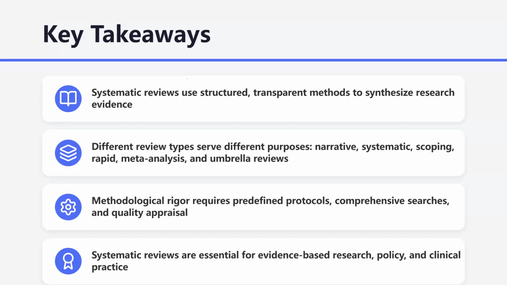Because if you merge all these papers and understand the content, you'll be able to structure a policy that is very well informed from different authors, rather than relying on one paper and then deducing that perhaps we are going to implement this, we are going to pass this law. So systematic reviews help you summarize this whole evidence into one paper that you can rely on to inform policy or clinical practice. So those are the key take homes for today, okay?